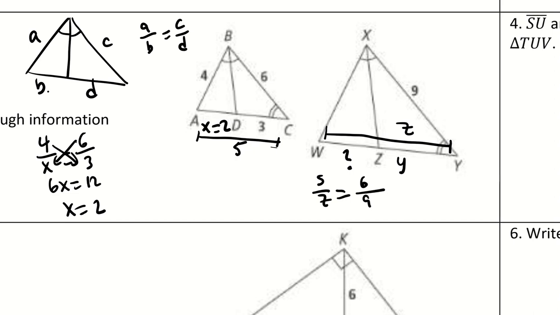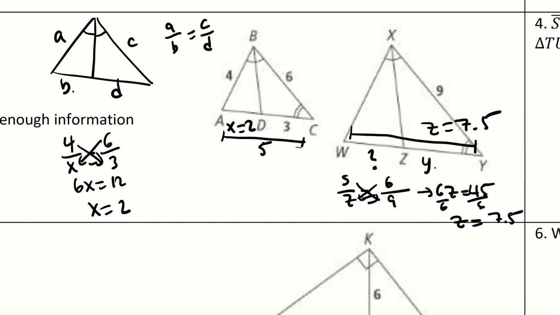Then I can cross multiply, and I get 6z equals 45. Then divide by 6, so z is equal to 7.5. So now we know that this is 7.5. And then if I find y, then I can find WZ. That's what we're trying to go for.